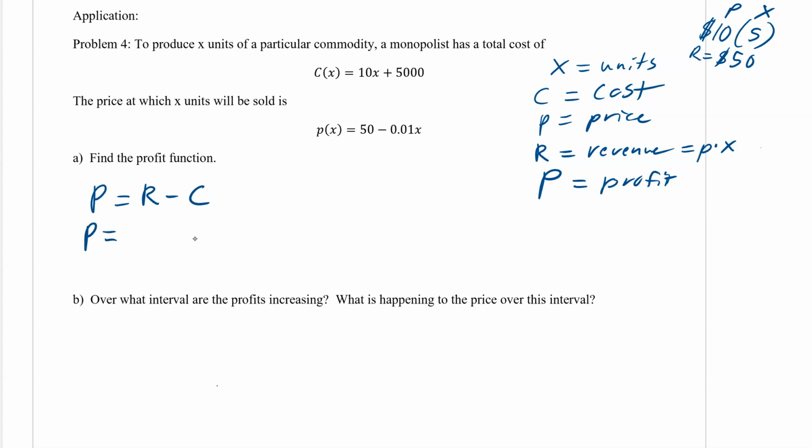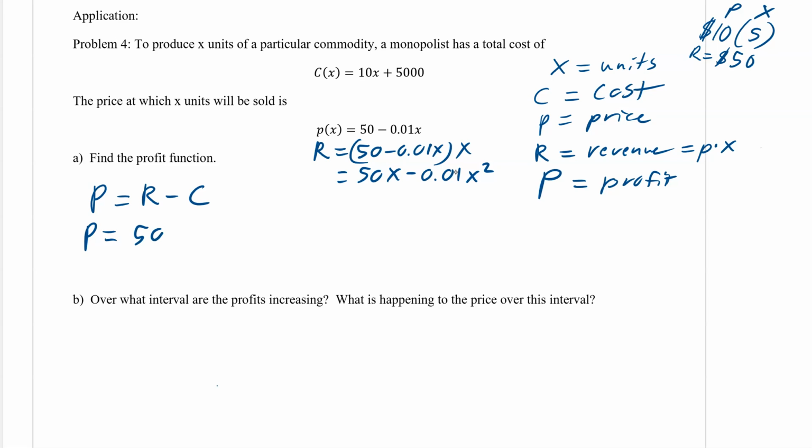So if we take the revenue function, which we haven't created yet, revenue is price times quantity. So all that means is if you take the price function, which is variable here, and multiply it by X, it'll give you the revenue function. So 50X minus 0.01 X squared.